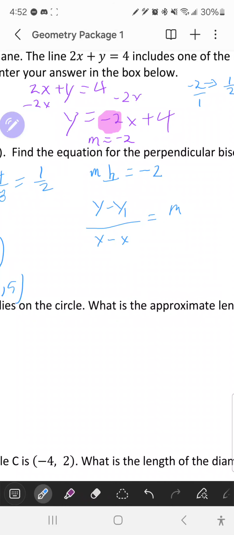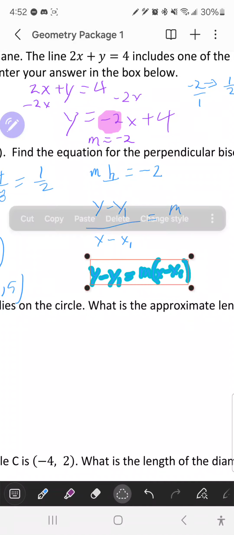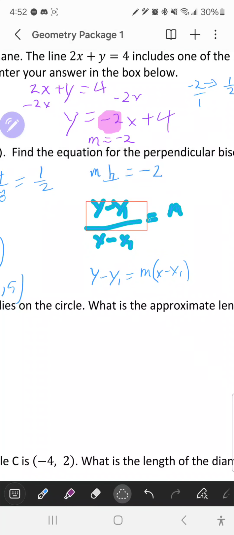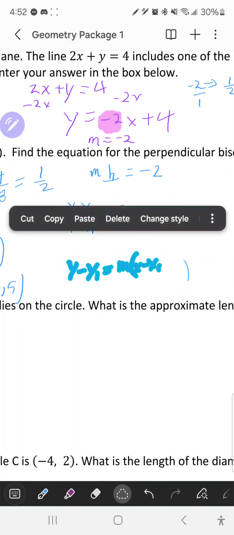To find the equation, we multiply both sides by x minus x1, and we get that y minus y1 is equal to m times x minus x1. And this is the formula we are going to use to find the equation.